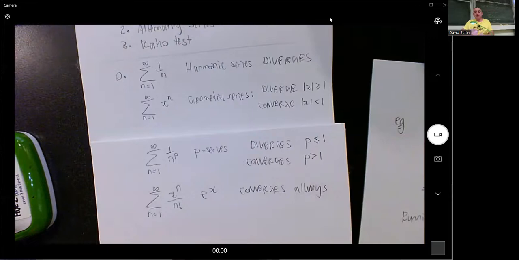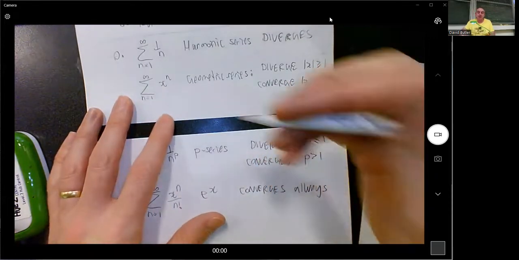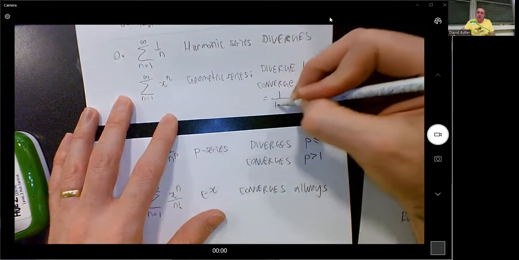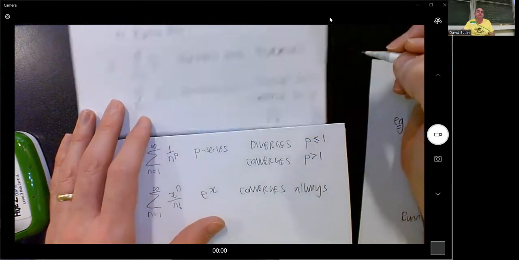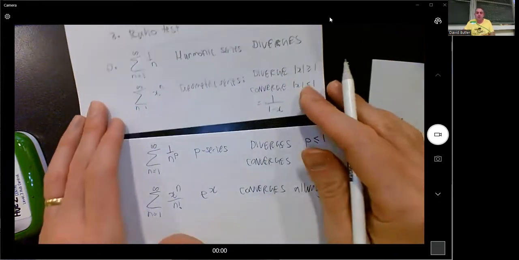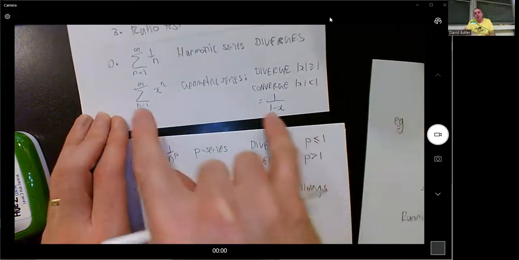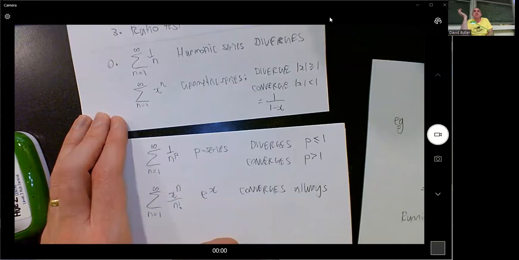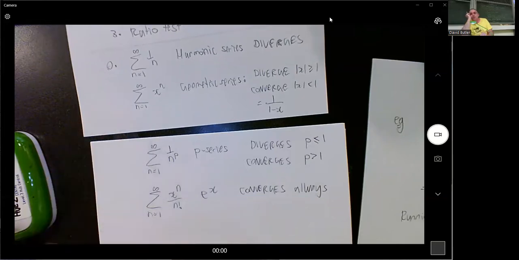I should point out with the geometric series that when it does converge, what it converges to is 1 over 1 minus x. So these are the only two that you are absolutely certain what the answer is going to be. All the other ones will say it converges. Don't know what the answer is, but there is one. Yeah. Cool.